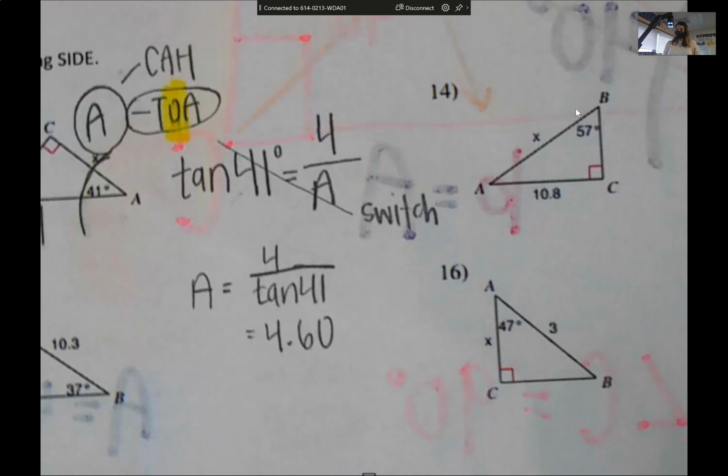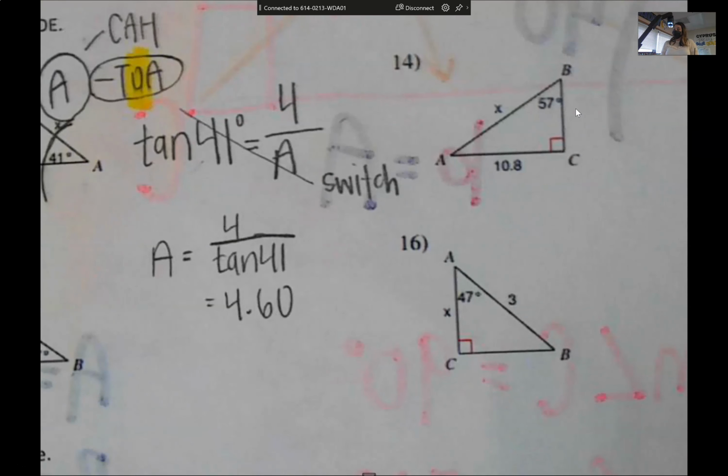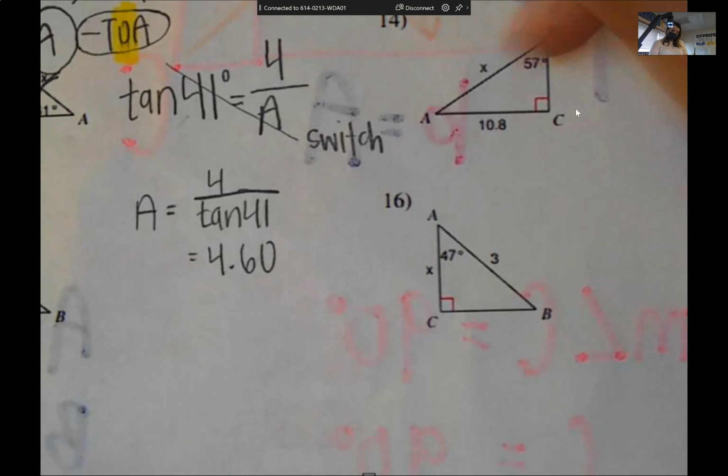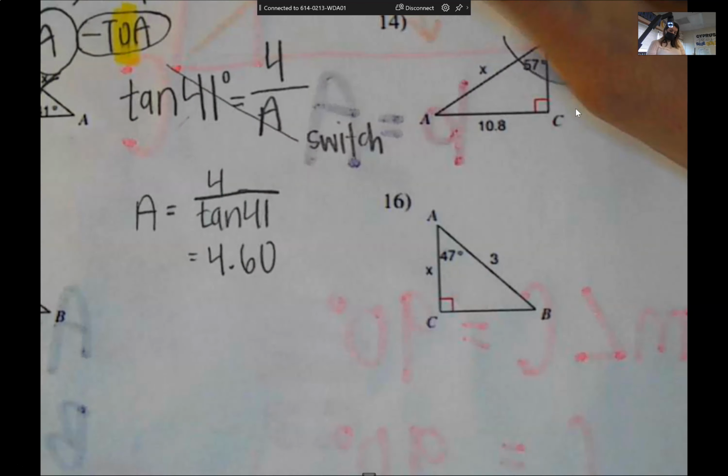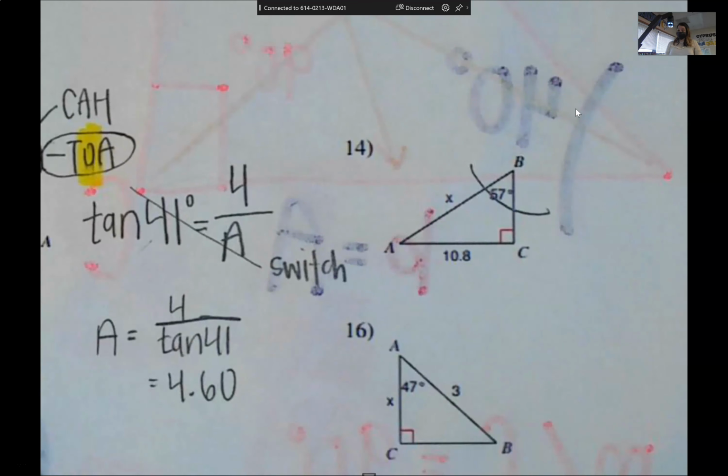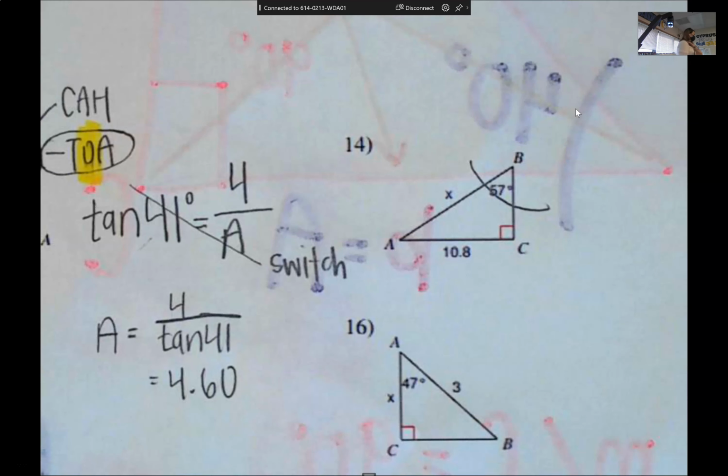Okay, let's look at 14. We're going to set it up exactly the same way. The angle that they give us is capital B. So I'm going to mark that. Based off of capital B, I am going to label these sides as opposite, adjacent, hypotenuse.